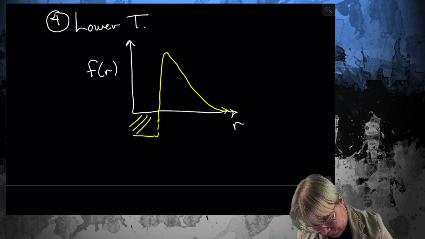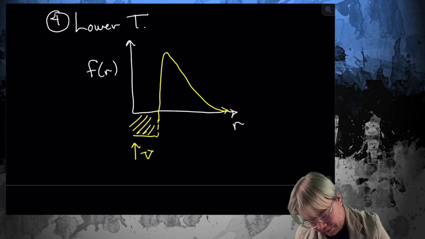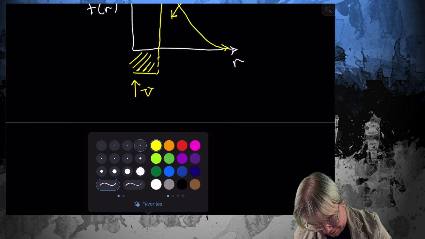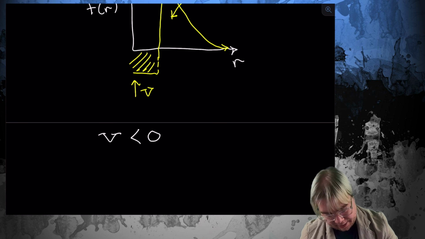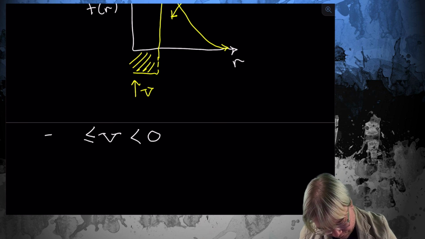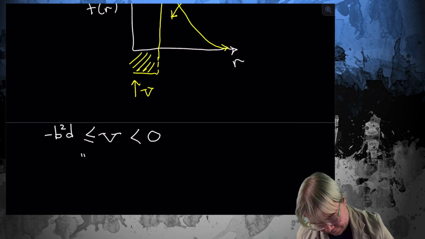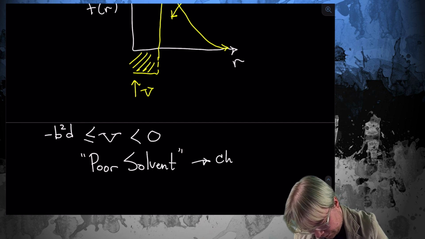So remember, this region here increases the excluded volume. This attractive region here decreases the excluded volume. So in this case, your excluded volume would be less than 0, and it would be greater than or equal to minus b squared d. And so we call this a poor solvent. And your chains will be more collapsed.